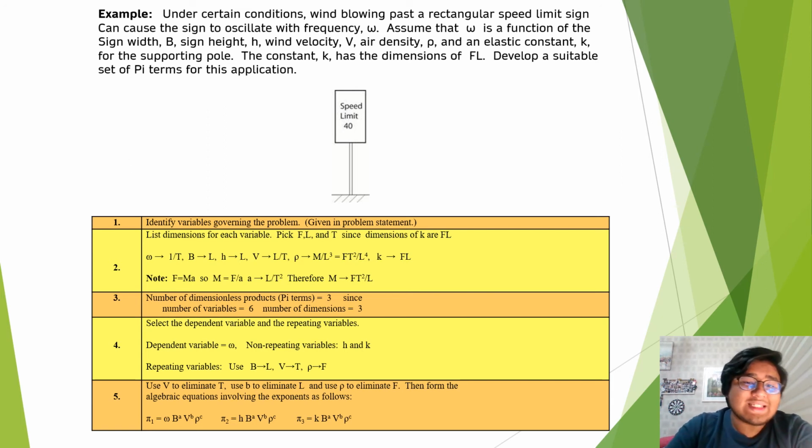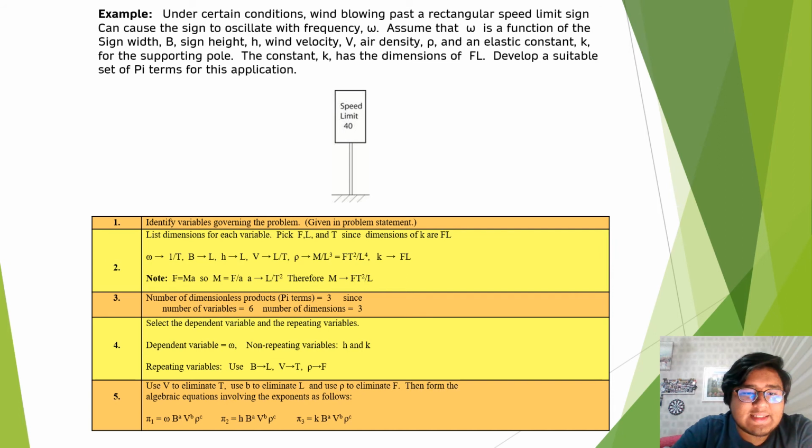So move on to the third step, where we find the number of dimensionless products, which are the pi terms. Just now I mentioned how we calculate the dimensionless products: the number of variables 6 minus the number of dimensions 3. So 6 minus 3, we get 3. So the number of pi terms is 3.